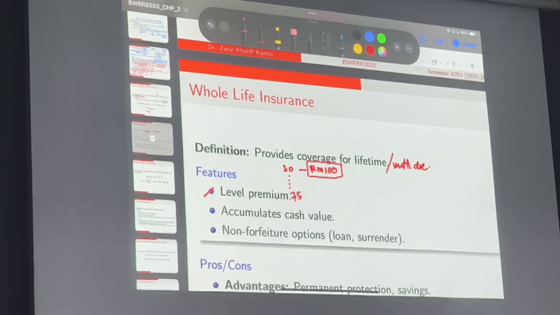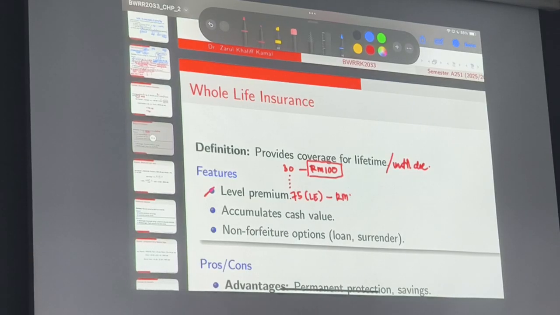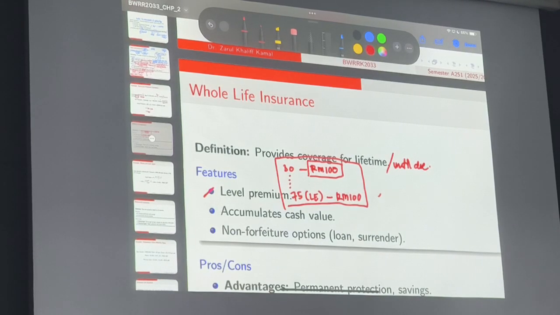Sebab 75 is life expectancy. Kita meninggal pada umur 75 tahun, for example. So this akan level, this will be the same until at the end of our life, right? Okay, that is the first features.